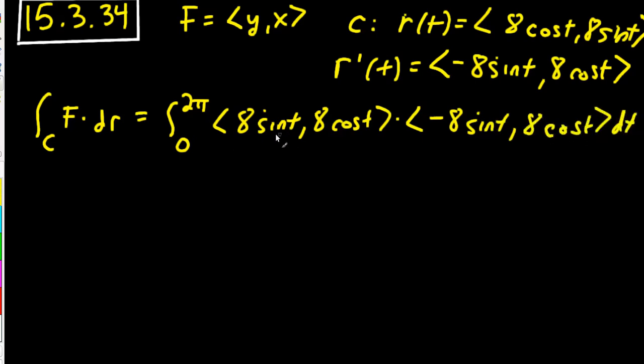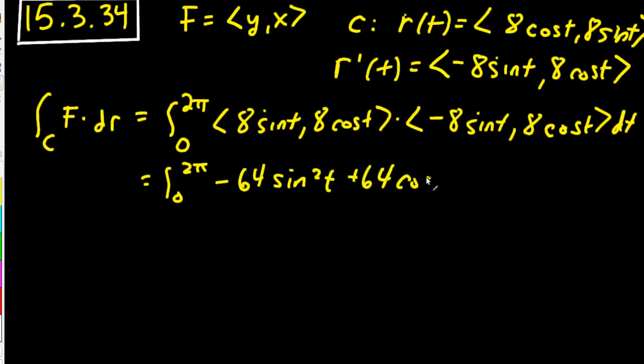So when I take the dot product, I'm going to get negative 64 sine squared t. Then I have 8 cosine times 8 cosine, so plus 64 cosine squared t.